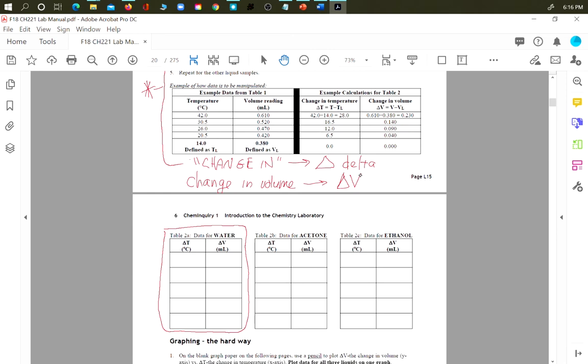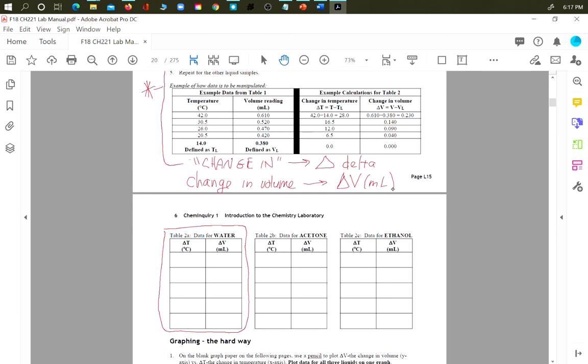So in this lab, we're going to look at changes in volume in milliliters. So you want to make sure that you're not telling another person, you measured change in volume in milliliters and they thought it was gallons or liquid ounces or something like that.